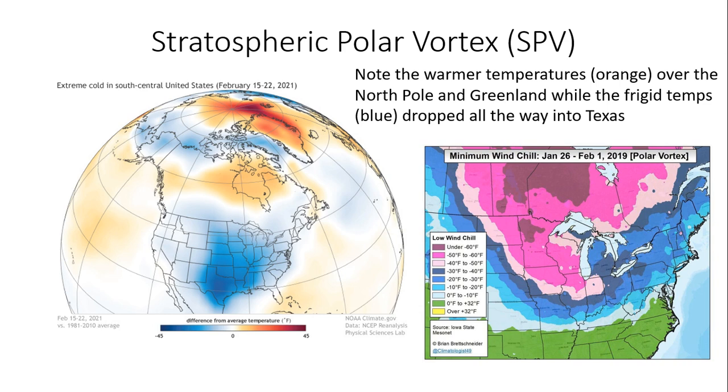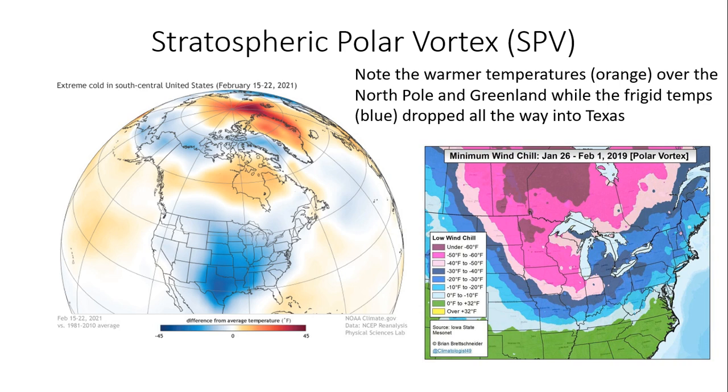With the stratospheric polar vortex, an example on the left is the February 15th to 22nd, 2021 extreme cold in the south central U.S., from Kansas all the way down into Texas. We heard a lot in the news about how abnormally cold things were, shown by that blue shading.